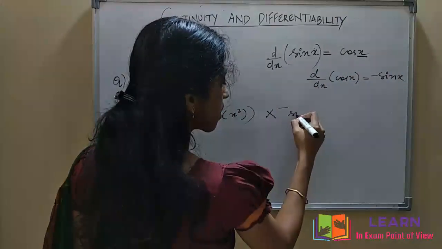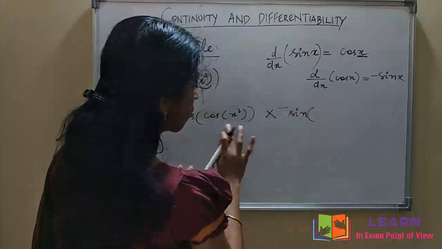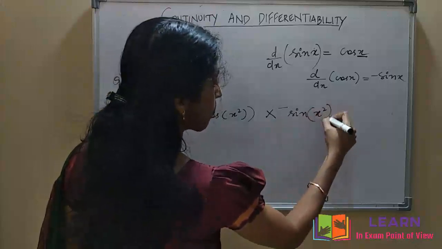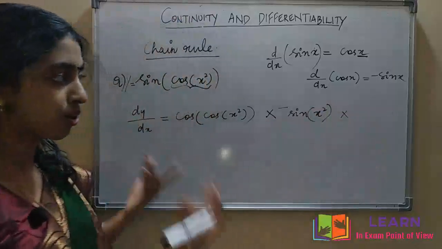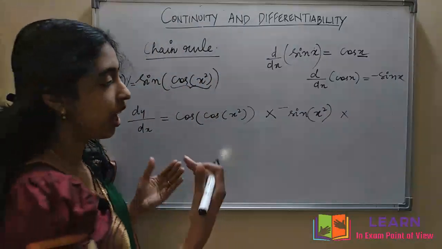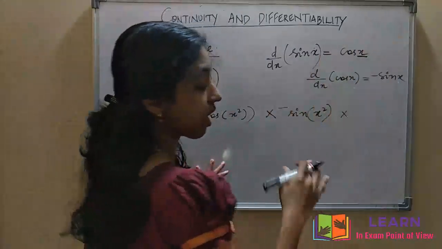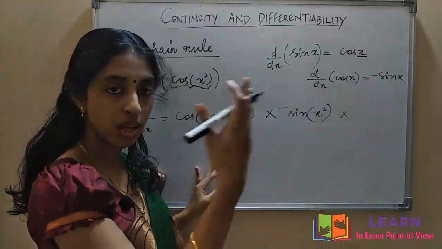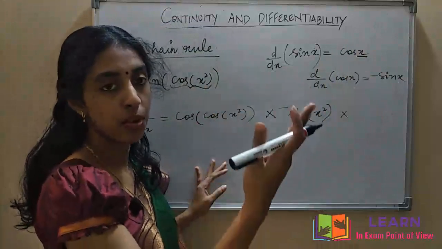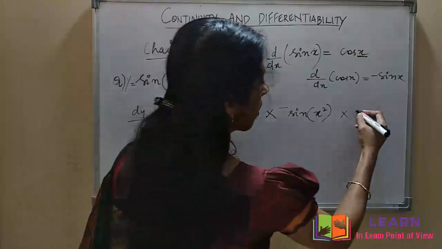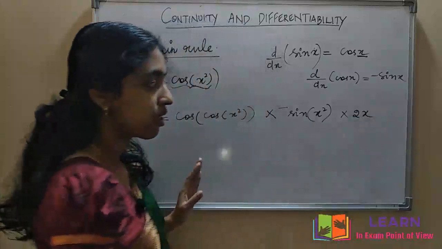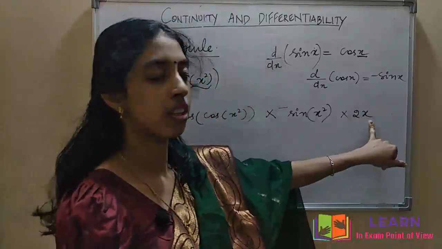So minus sine of, in the place of x, we have x square, into, again we have to differentiate x square. X square means x raised to n, n x raised to n minus 1, 2x raised to 2 minus 1, that is 2x. Finished. Now anything left? No.